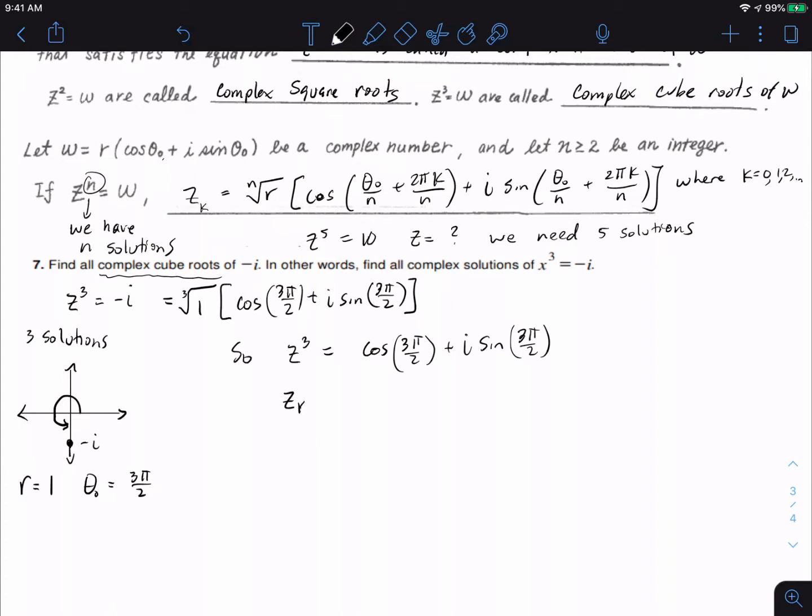But my z sub k, because we need 3 solutions, is going to be found by going cosine of 3 pi over 2 divided by 3 plus 2 pi k divided by 3, plus i sine of 3 pi over 2 divided by 3 plus 2 pi k divided by 3, where my k is going to be 0, 1, and 2 because we have to have 3 solutions.